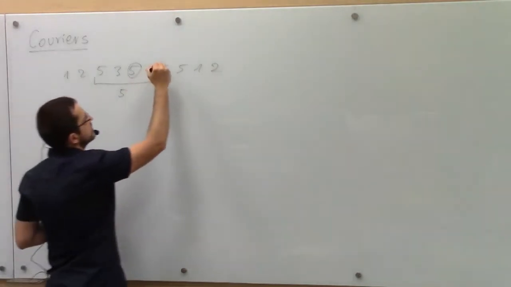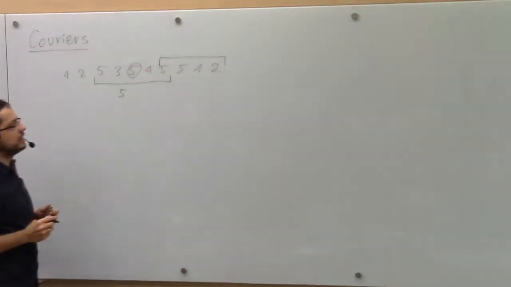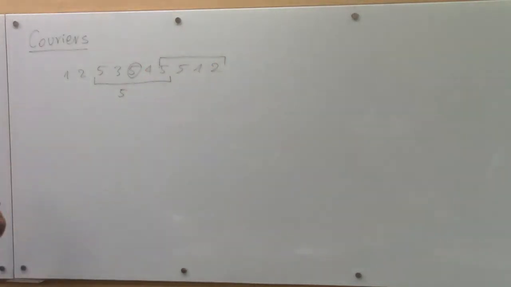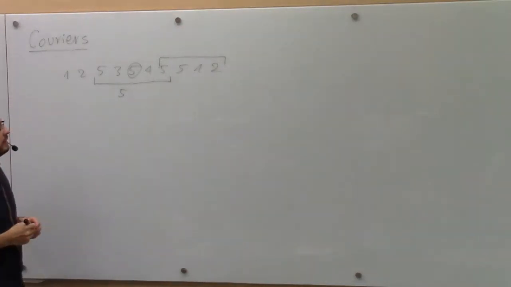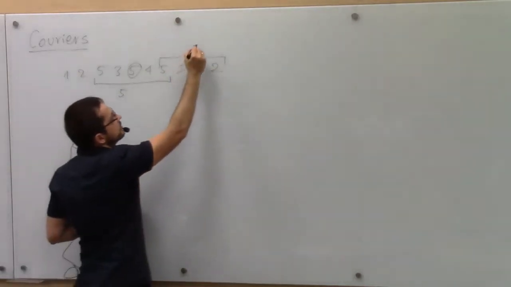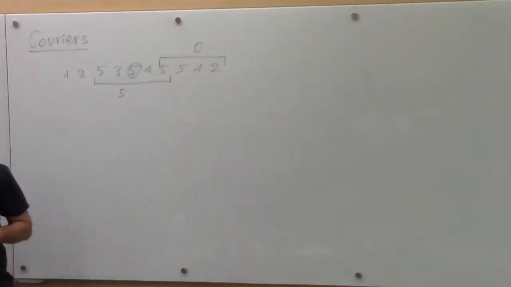So for instance, for this part, no number occurs more than half. 5 occurs exactly half. So for this part, the answer will be 0. This is a known problem. The name of it is finding a leader in the sequence.